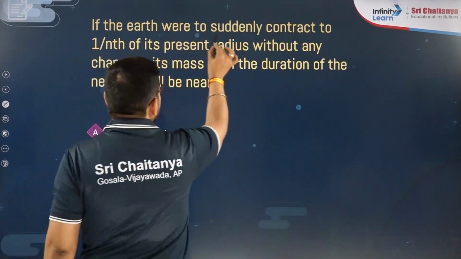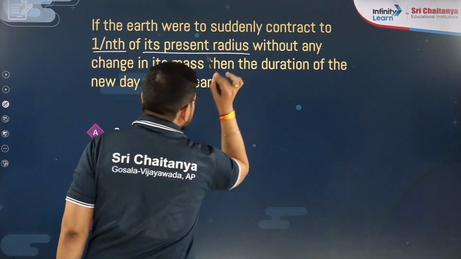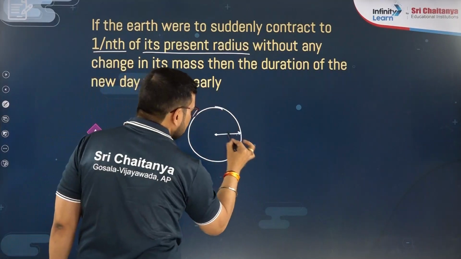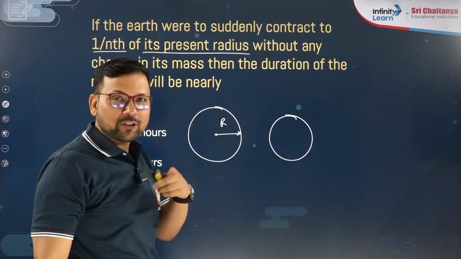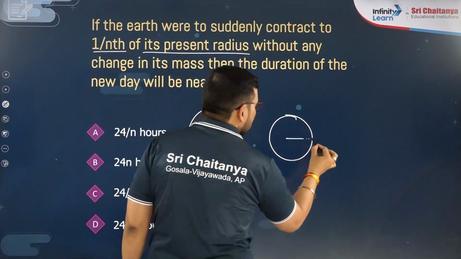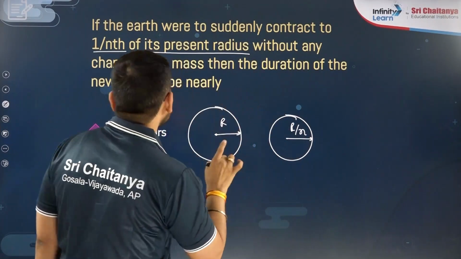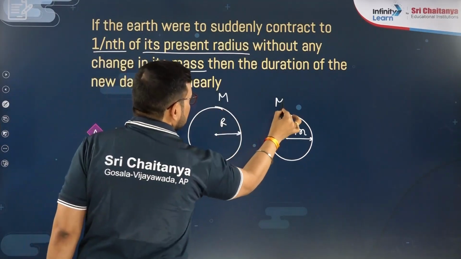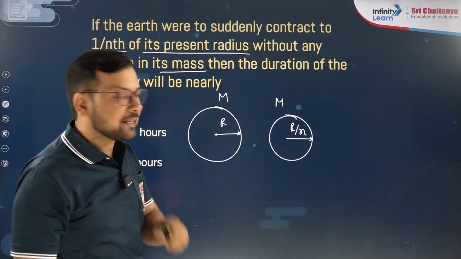So if the earth were to suddenly contract to 1 by nth of its present radius, that is your initial earth with radius r, and then the contracted earth will have radius r by n. But the question says without any change in mass. Mass is here, mass is here. You can take two spheres whose masses are equal and radii are different.